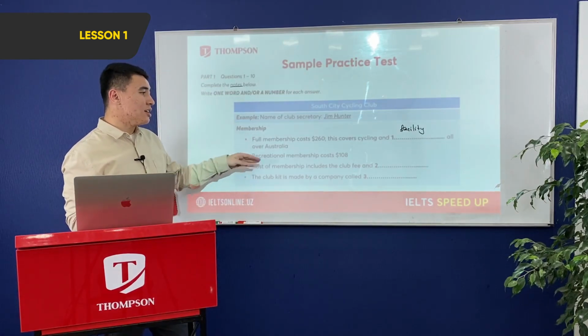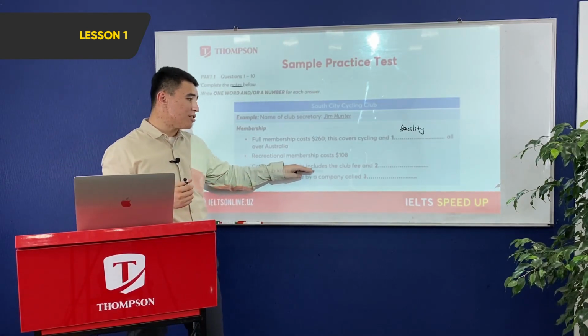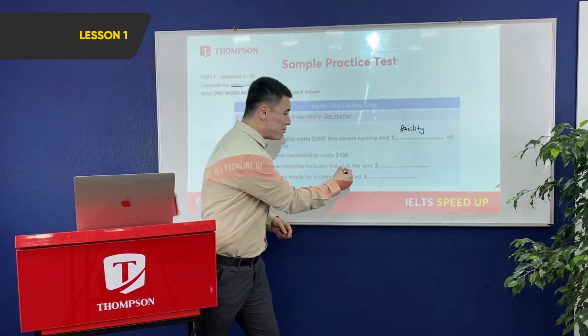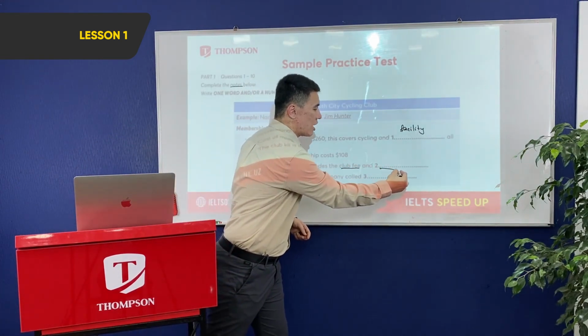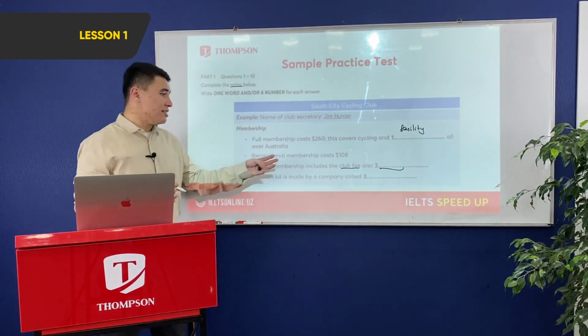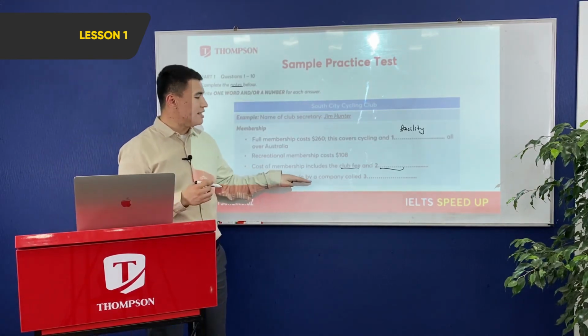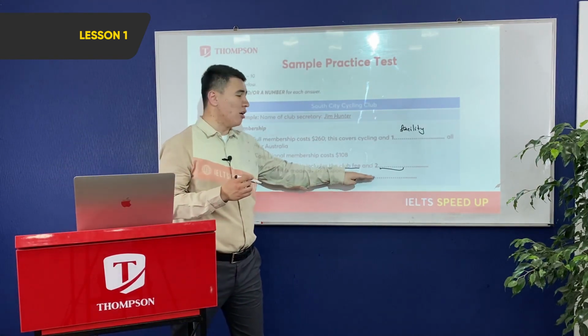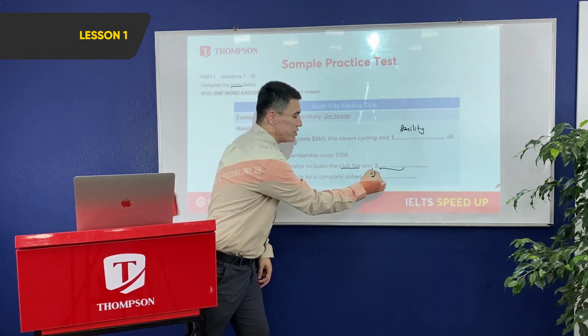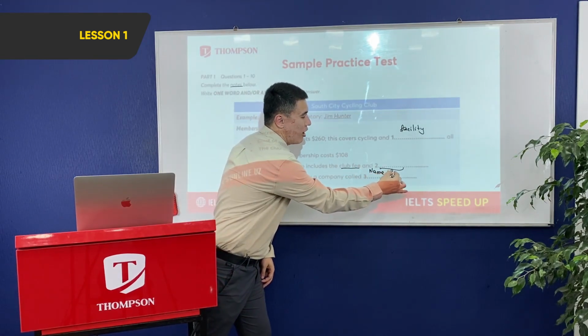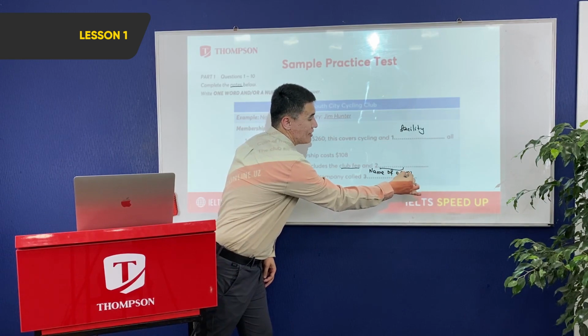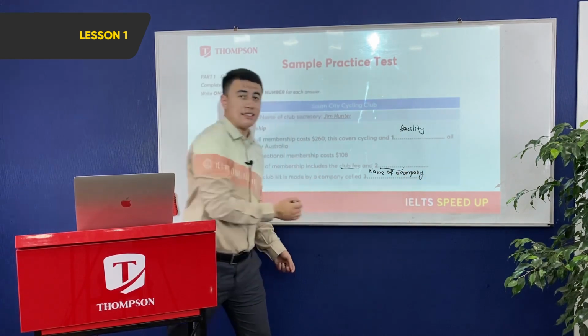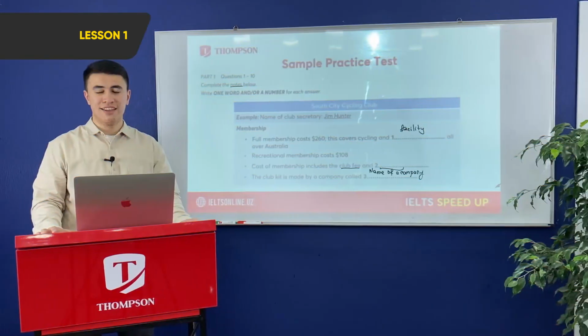And in question number 2 we have cost of membership includes the club fee and one more item. In question number 3, the club kit is made by a company called, so you have to write the name of a company that makes these kits. Let's start.